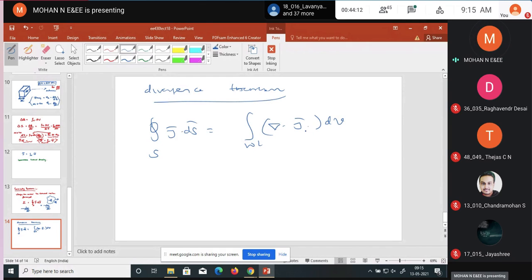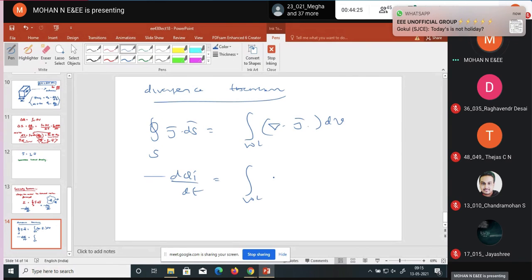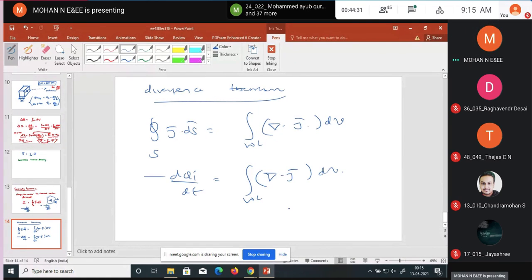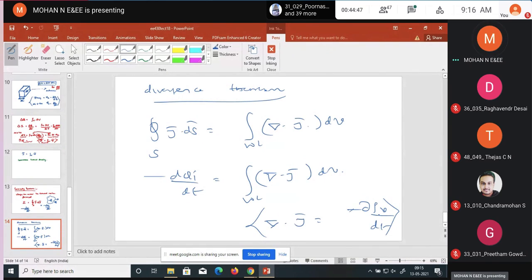You convert the surface integral to a volume integral, and if you simplify further, minus dQi by dt is equal to the volume integral of the divergence of current density. So we relate this as minus of rho V with respect to dt. This is nothing but the point form of the continuity expression of the current.